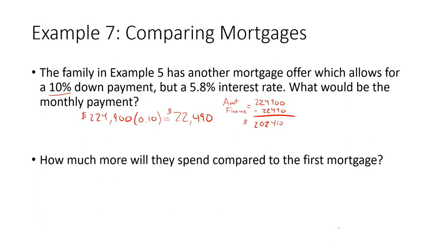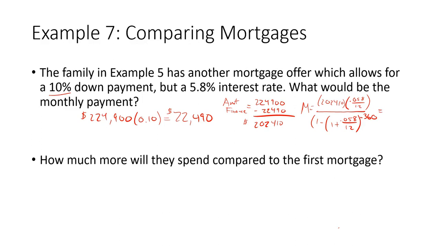And now to find the monthly payment, M equals $202,410 times 0.058 divided by 12, divided by 1 minus 1 plus 0.058 divided by 12 to the negative 360. This is the number of payments in 30 years.